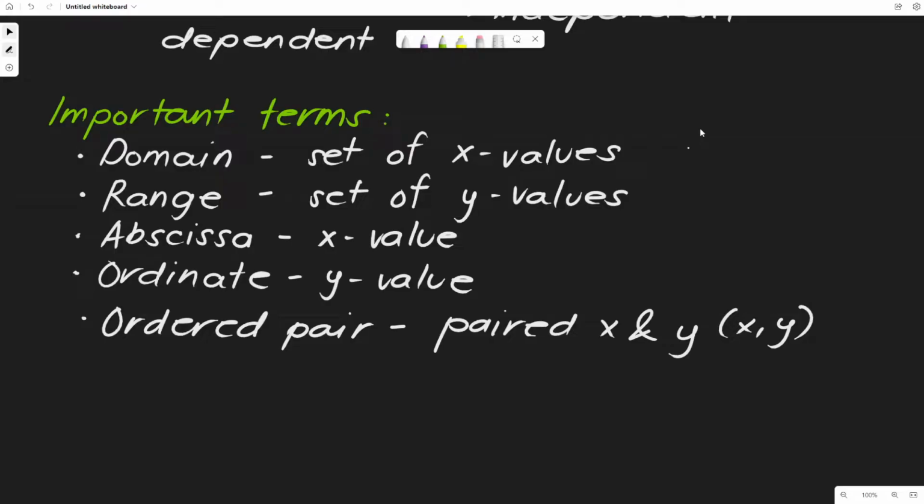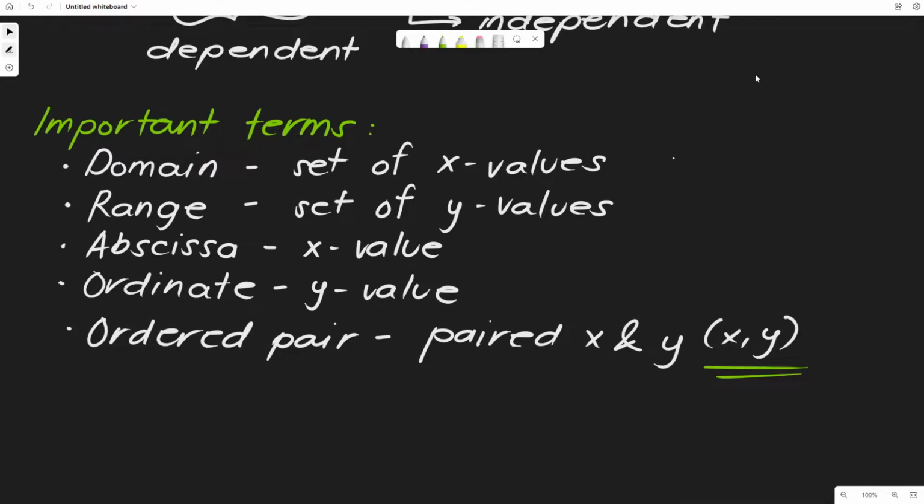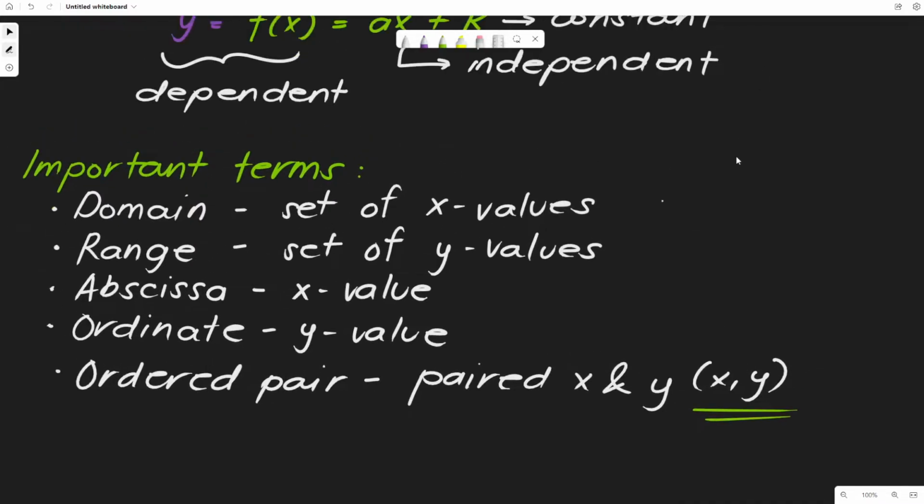The abscissa is the x value, the ordinate is the y value, and the ordered pair is the paired x and y, usually written in the form (x, y). Remember these terms so that in the course of our discussion you won't be surprised by them. That's basically the definition of a function.